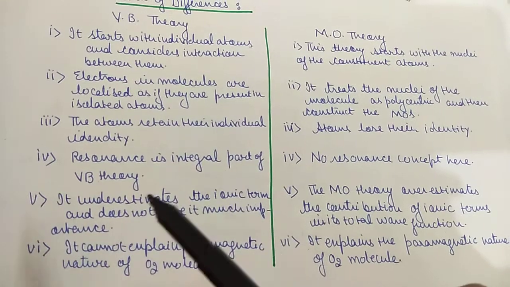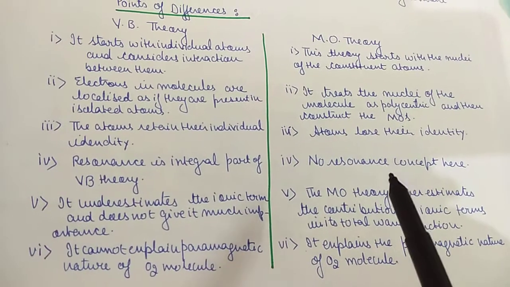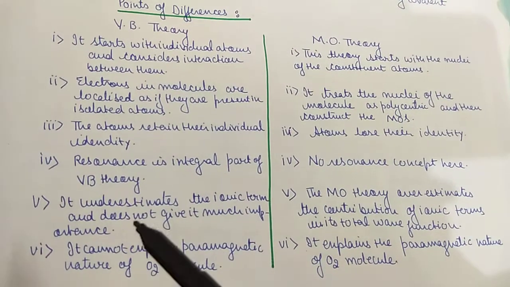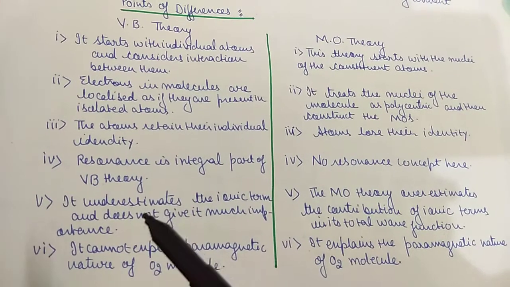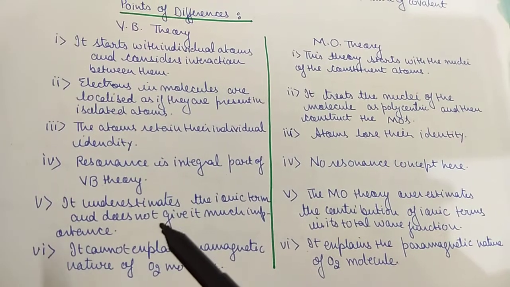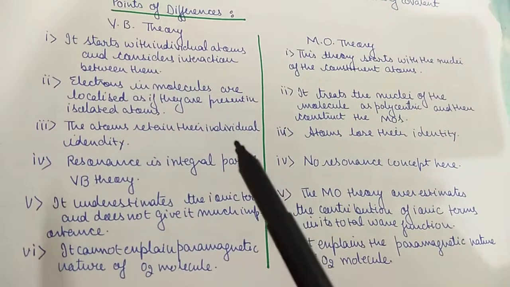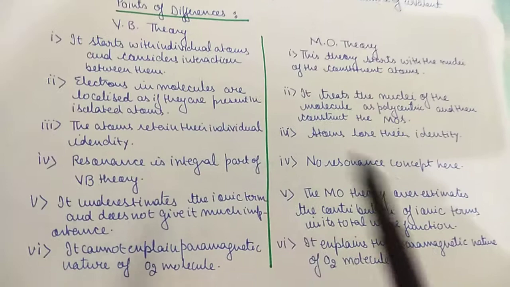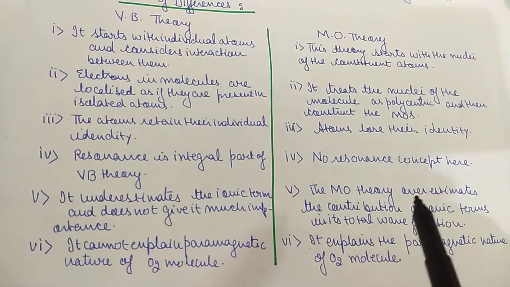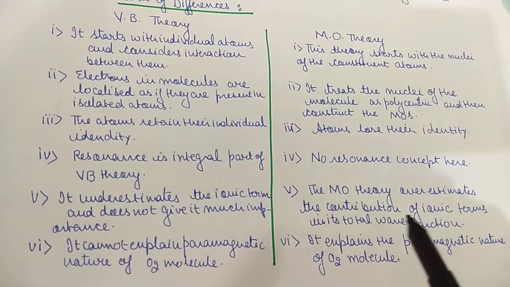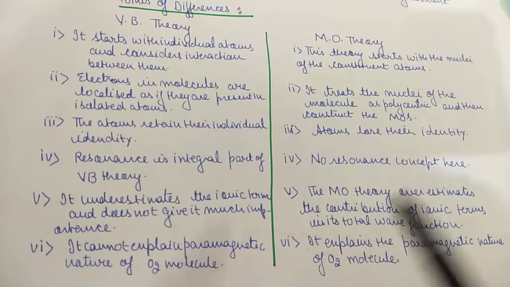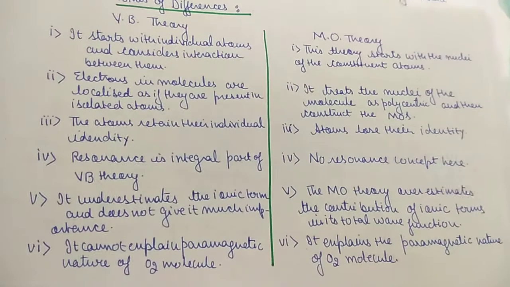Resonance is an integral part of valence bond theory. There is no resonance concept in molecular orbital theory. Valence bond theory underestimates the ionic term and does not give it much importance. It does not take into account the ionic character of a bond. While molecular orbital theory overestimates the contribution of ionic terms in its total wave function.